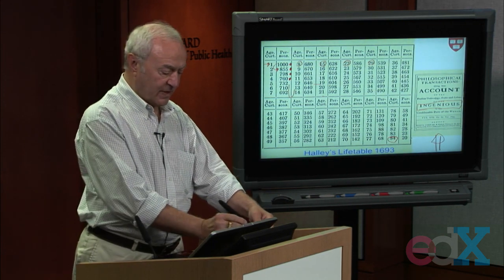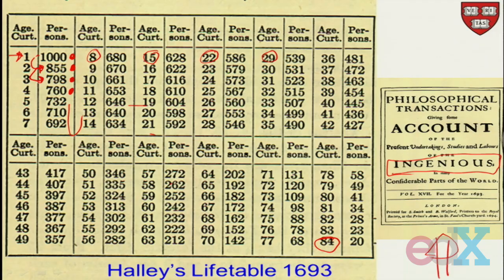And then let's look at what percentage die in the second year of life, and what percentage die in the third year of life, and what percentage die in the fourth year of life. What he then figured was, I don't need those numbers from this particular cohort. I can get the percentage who die in any 1 year from any cohort.